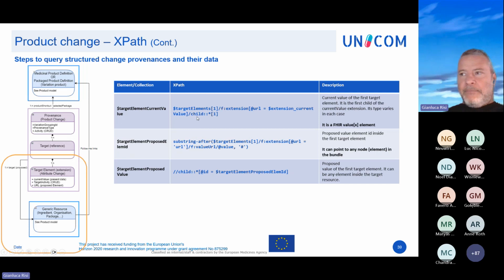And this is basically the first child element of the current value extension. And as I said before, it's a value any type element. That is, depending on the concrete change, it will be a Boolean, a string, or even a more complex element.